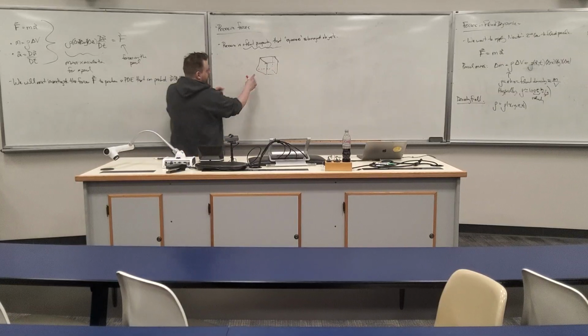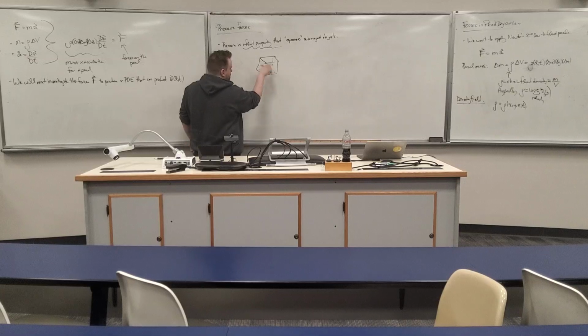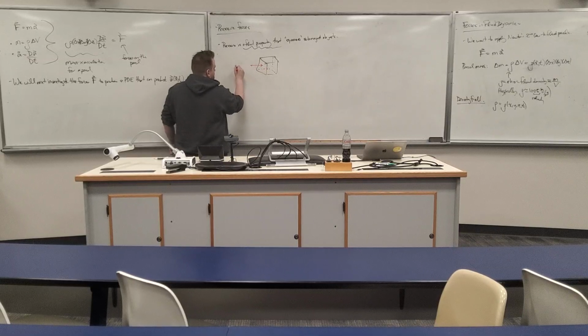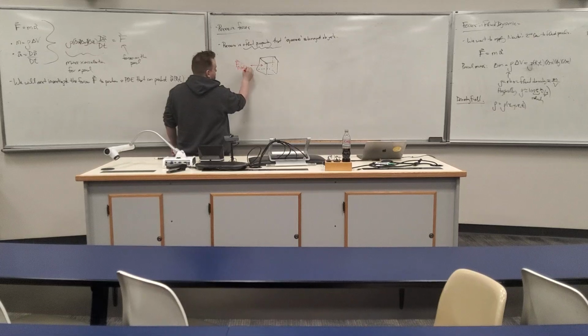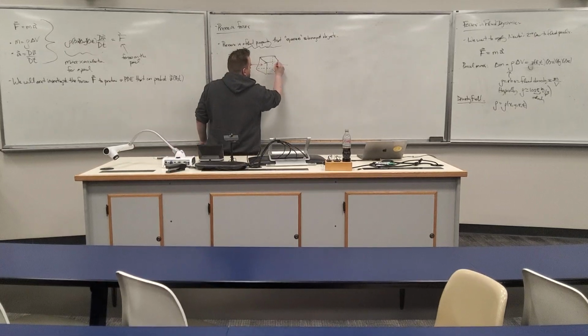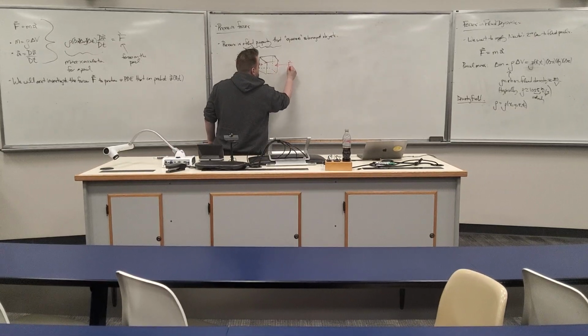Then pressure forces will act on all of the 6 sides of this cube. We would have a pressure force that I'm calling on the left-hand side. There's a pressure force acting on the right-hand side.